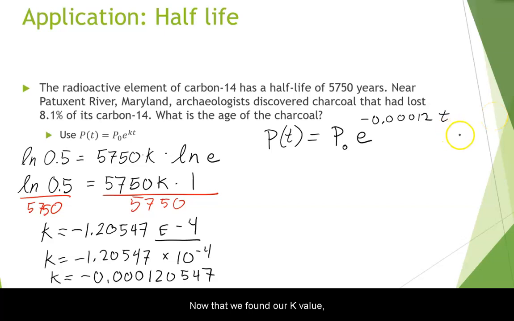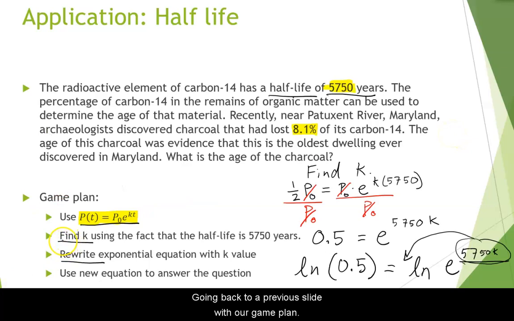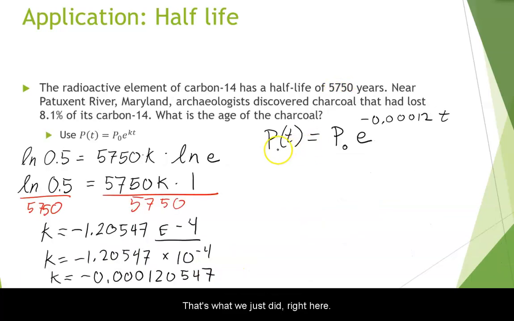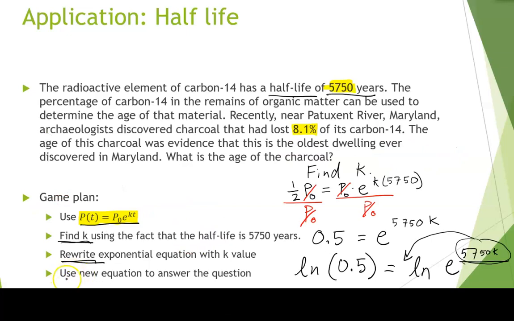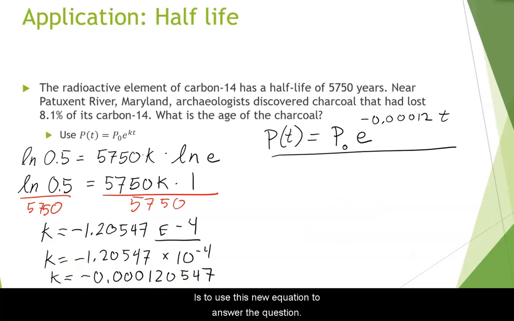Now that we found our k value, going back to our game plan, our next step is to rewrite the exponential equation with the k value. That's what we just did right here. There's our new exponential equation. Our third step is to use this new equation to answer the question.